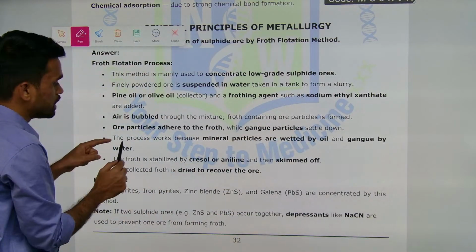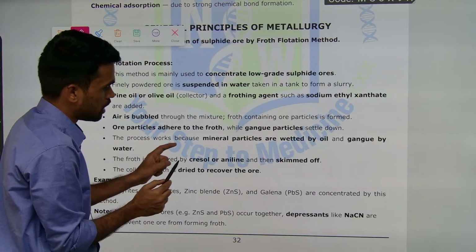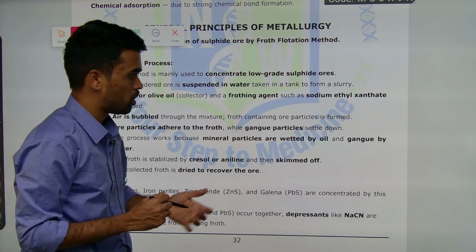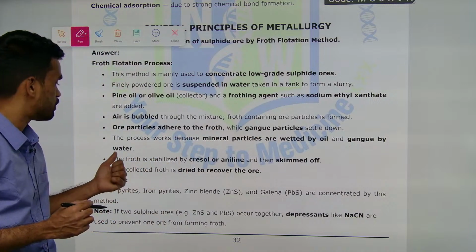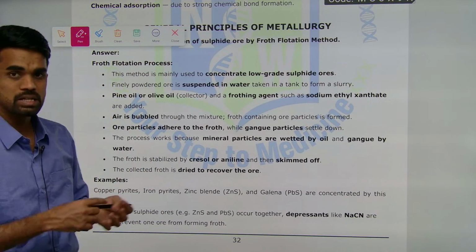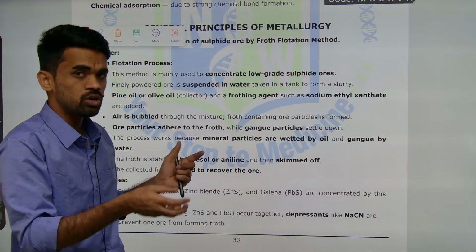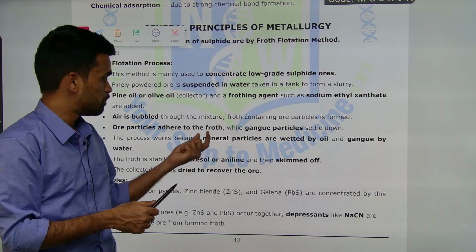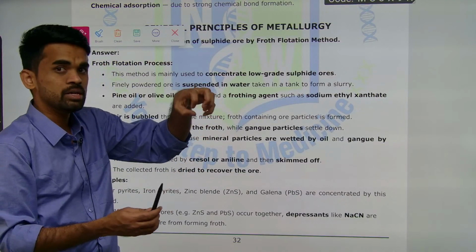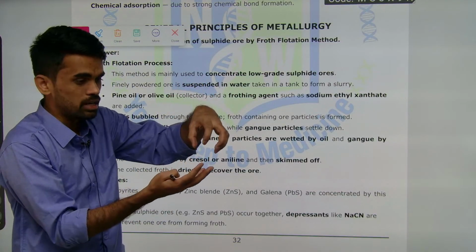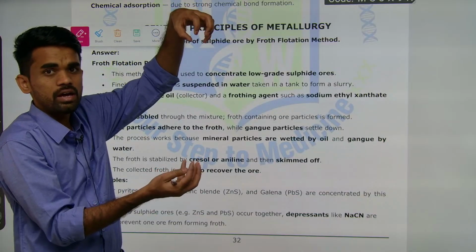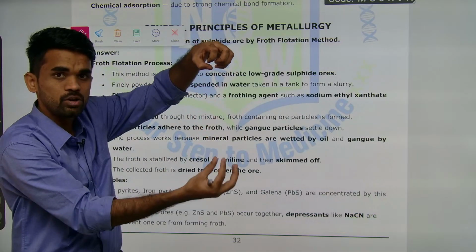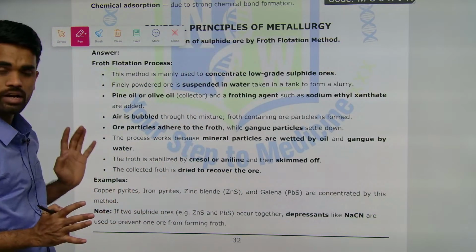This process works because mineral particles are wetted by oils, and gangue particles are wetted by water. With the pine oil, the mineral particles from the ore adhere to the froth and come up, and the gangue particles, the impurities, settle down in the water. Up to here it is clear.